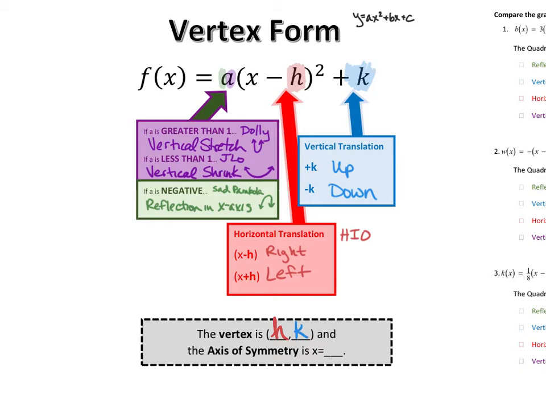If you remember back a couple lessons ago, we labeled the vertex as H and K, and I told you don't worry about that yet. This is why we labeled them H and K, because they come exactly out of this vertex form. And since we know the axis of symmetry is going to cut the parabola at the vertex, it's going to intersect right there in the middle, we know that that middle point is H.